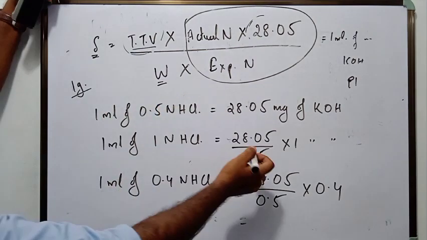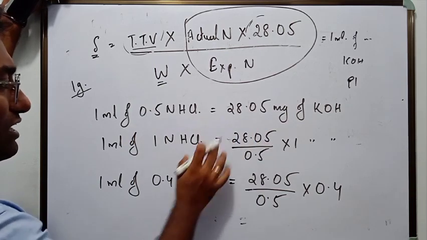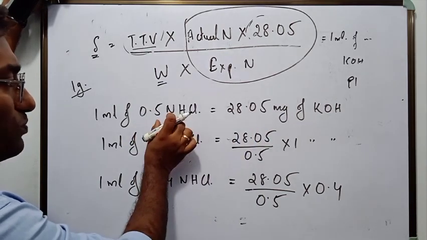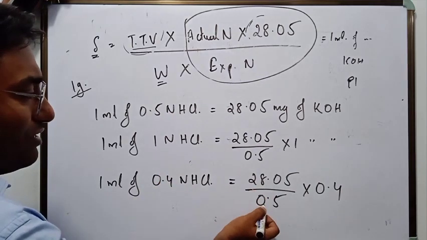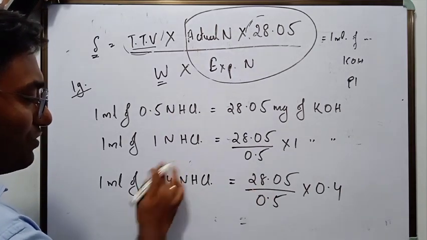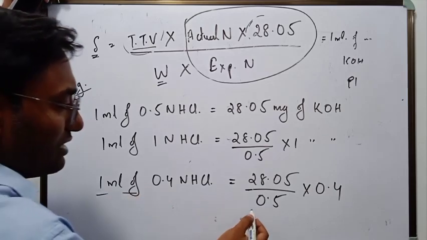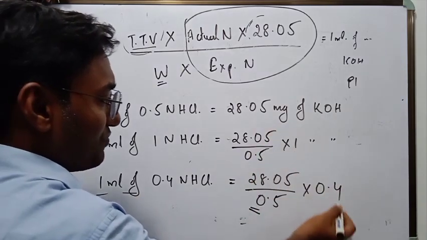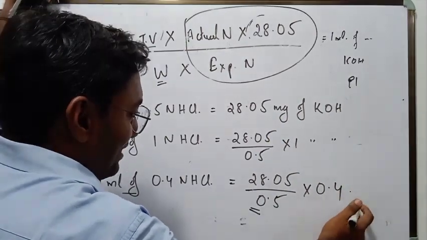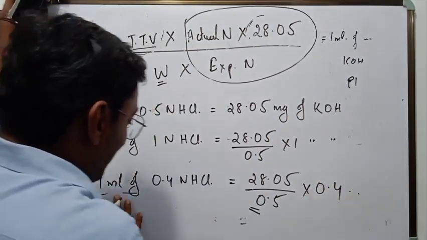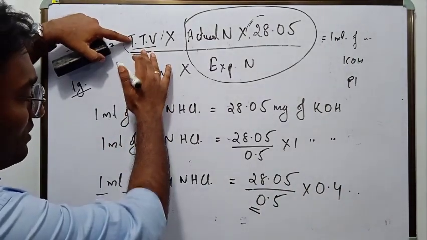So here I have made it known. This is the equivalency weight factor. Now our normality is not 0.5, it is 0.4. If it is 0.4, then for that amount of strength, if 1 ml is consumed, then this much mg of KOH may be in the round bottom flask, right? So that is for 1 ml. Today, suppose 5 ml was consumed, correct?